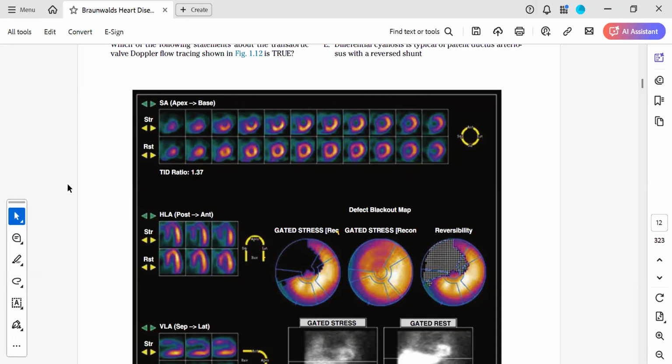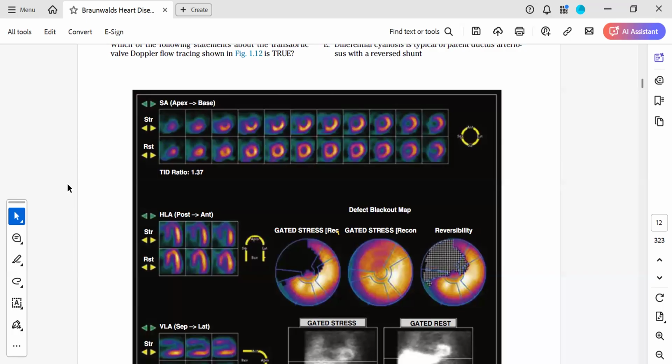So TID ratio is transient ischemic dilation ratio. This compares the left ventricular cavity size during stress and rest. Normal TID should be less than 1.22 for SPECT myocardial perfusion imaging and less than 1.19 for PET myocardial perfusion imaging.